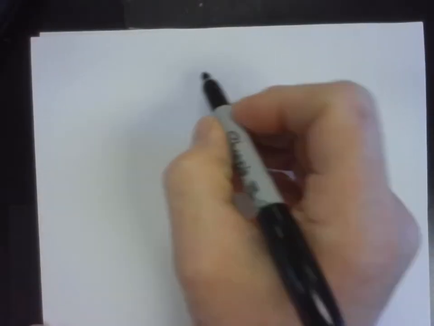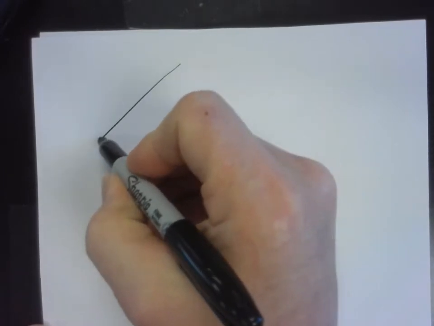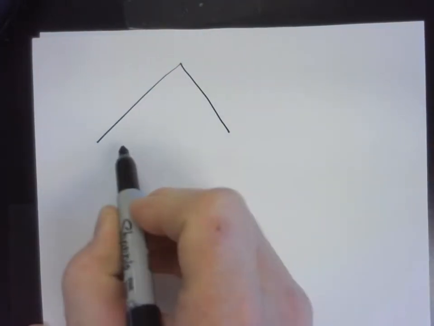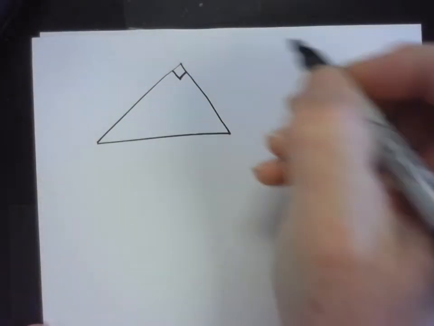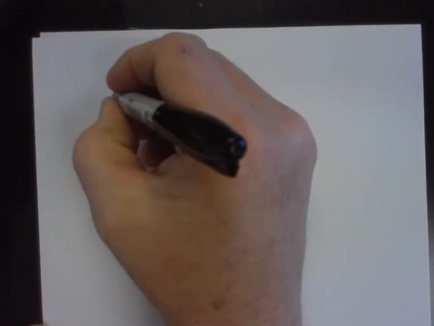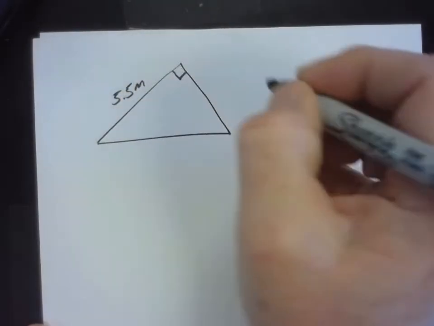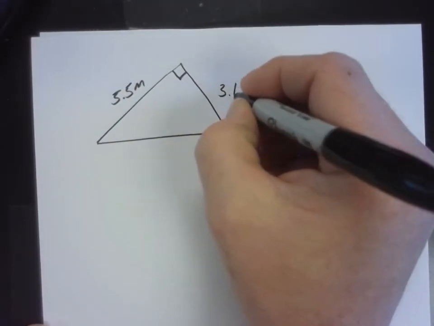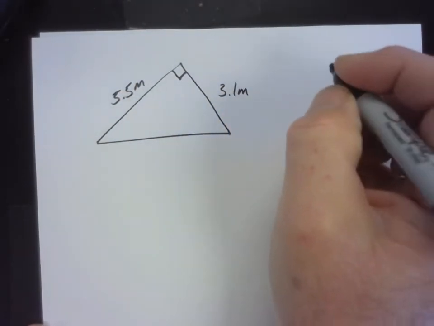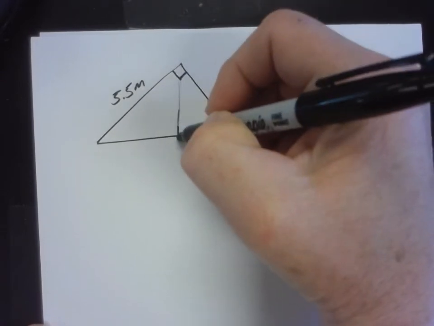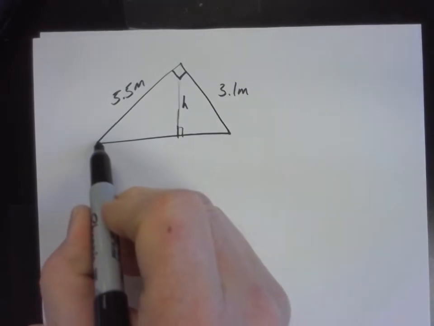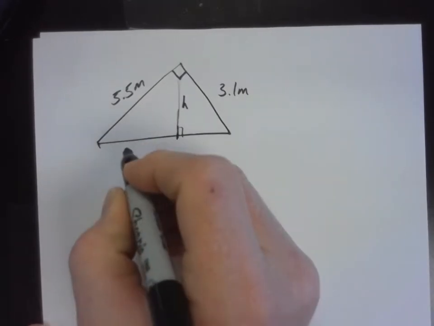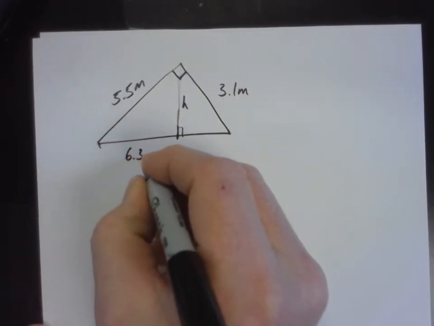So, here's a house. Here's a roof line of a house. It's not exactly the same on each side, but this is 5.5 meters, 3.1 meters. We'll just call this H. From here to here is 6.3 meters.